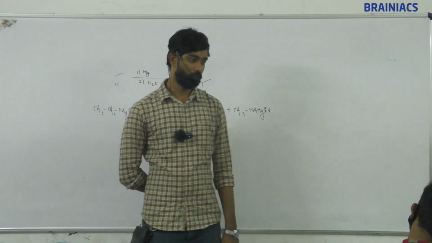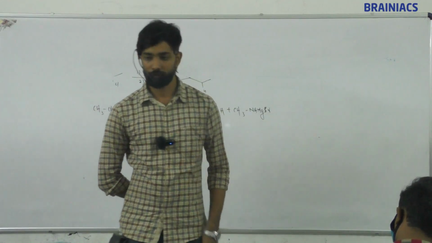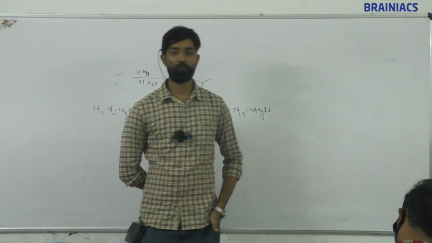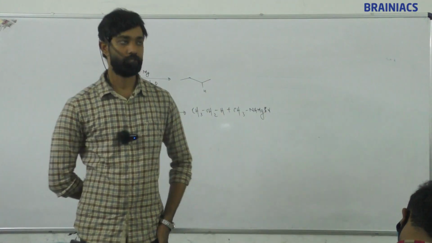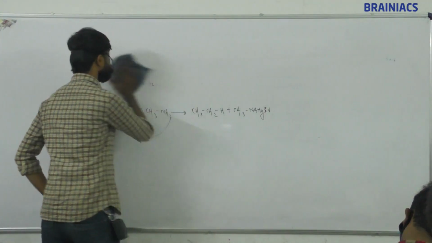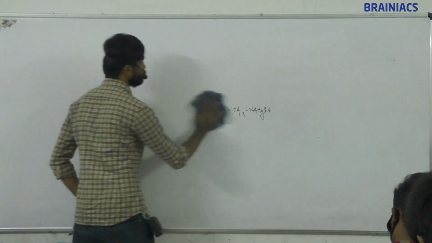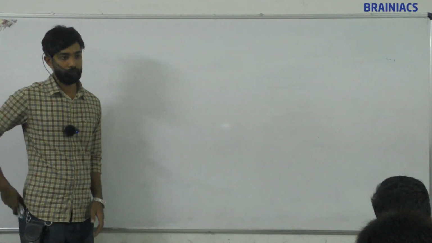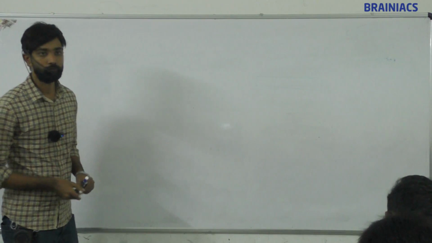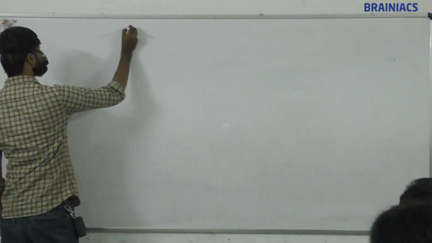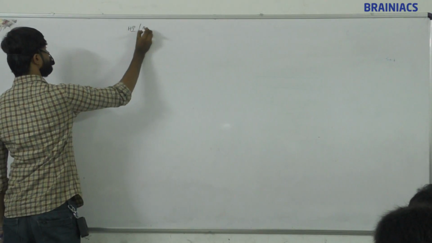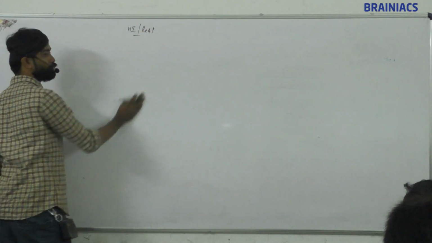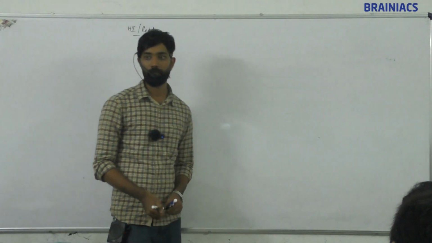And the third one, method of preparation number 3, is strong reduction with HI in red phosphorus. Hydrogen iodide with red phosphorus, and nearly 150 degree heating also.